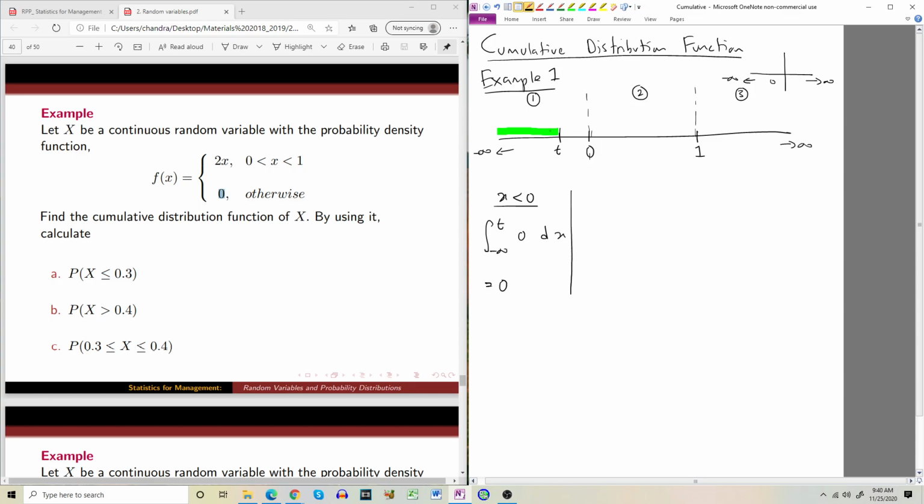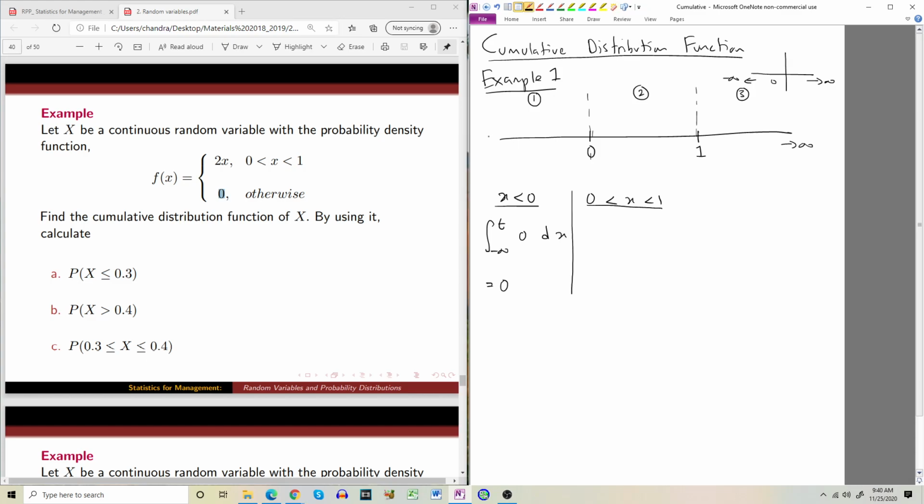Now we move on to the second interval, which is 0 to 1. Listen carefully. We finish this one. This one I put positive infinity, this one negative infinity.